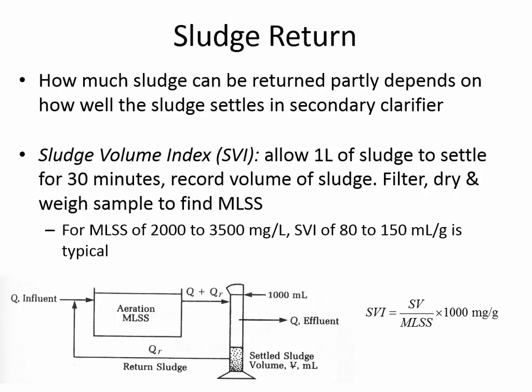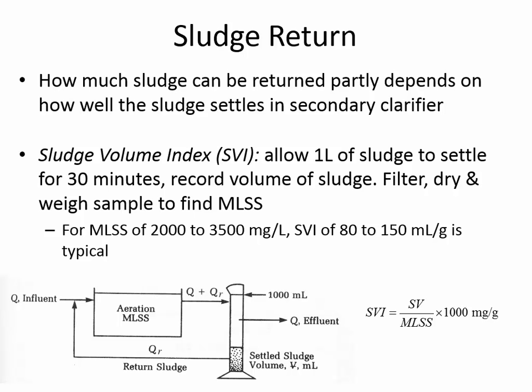And then you let a liter of sludge settle for 30 minutes. What you're measuring is, after 30 minutes, as the particles settle down and the clear water stays above, where is the interface between the sludge particles and the clear water? And you'd measure the volume. In 1 liter, maybe you'd measure a certain fraction of that 1 liter is occupied by the sludge.